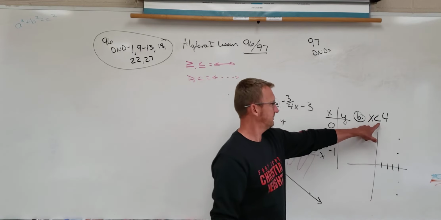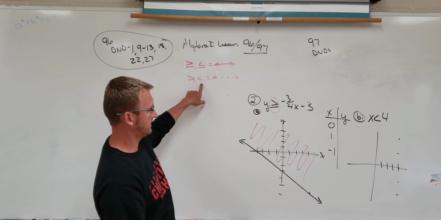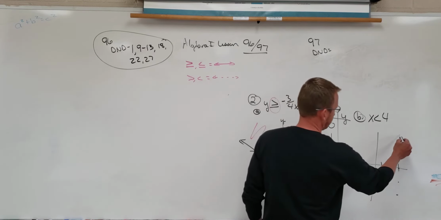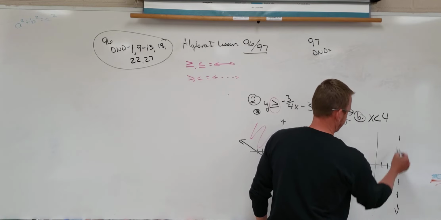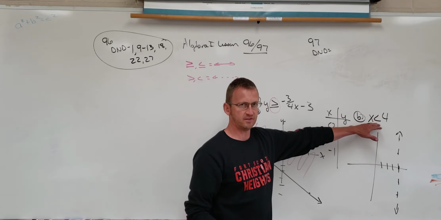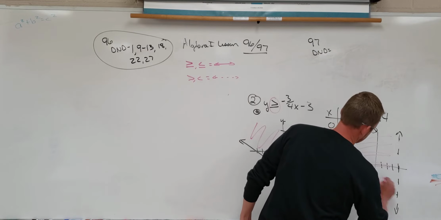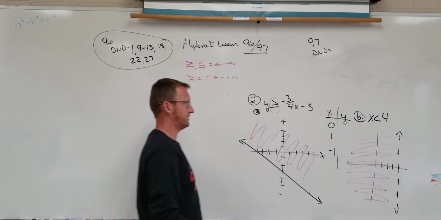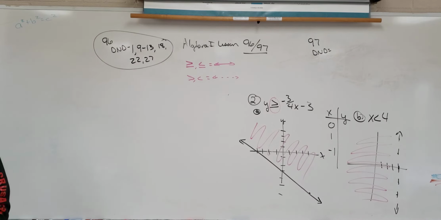Now again, it's not equal to. It's just less than. So our line is going to be dotted. So it's going to look like this. And then it tells us it's less than 4. Less than 4 on another line means we shade in this section. Okay? So that is how we are doing lesson 97.